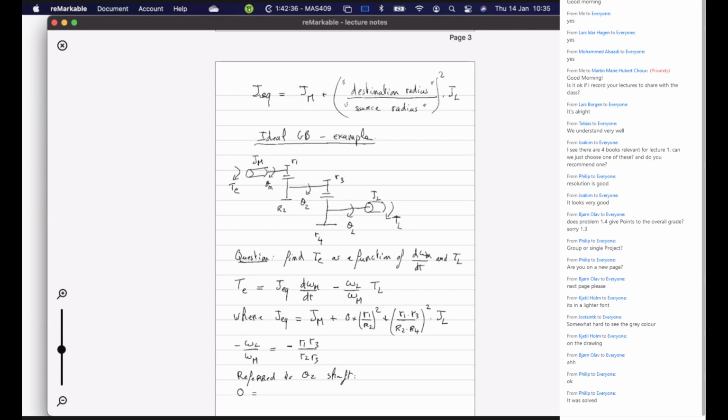And then we write the equivalent inertia at the theta 2 shaft, which is GM, and then the destination is R2 now, because we move GM to theta 2. So it's R2 divided by R1 squared GM.